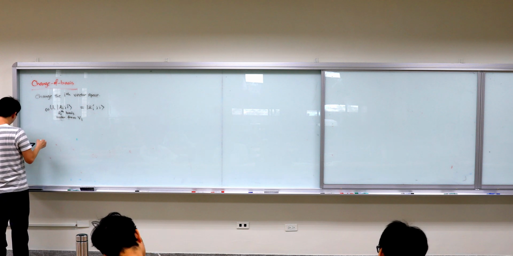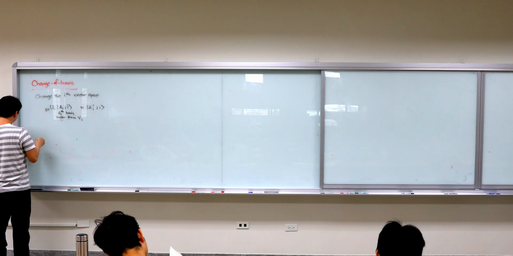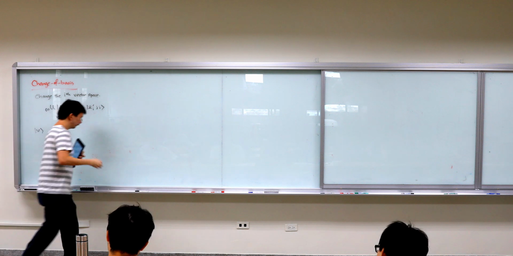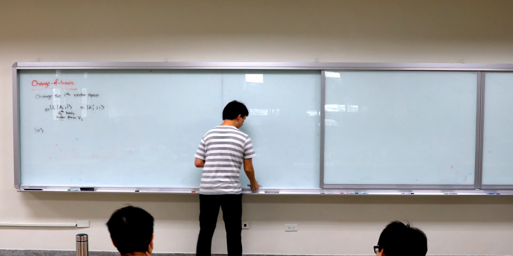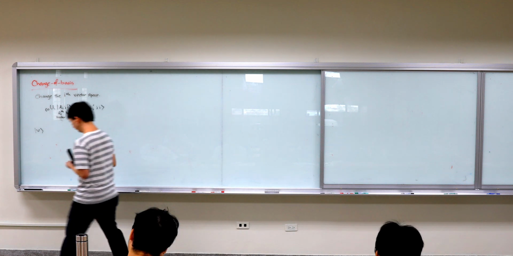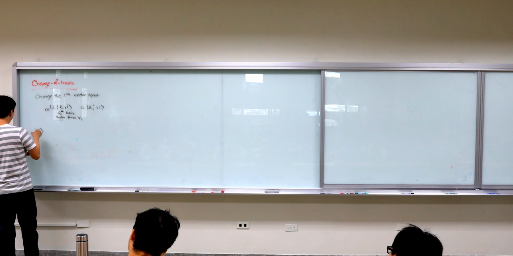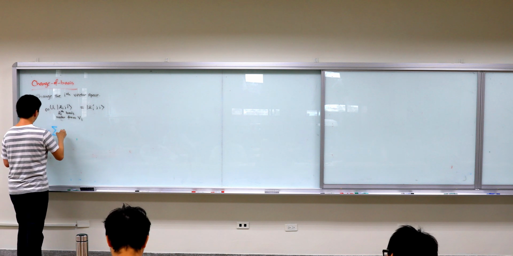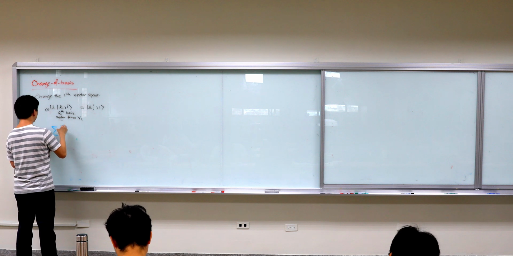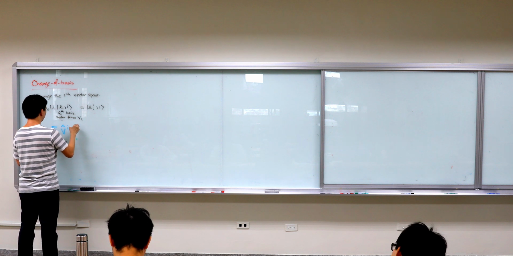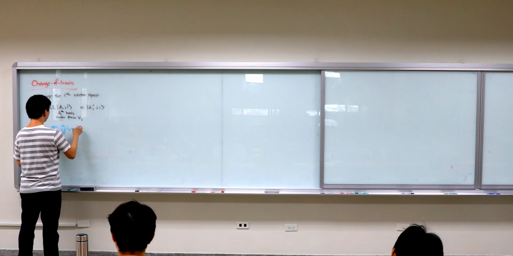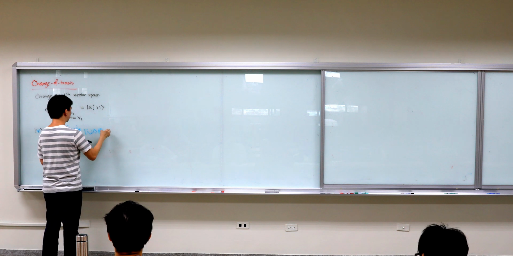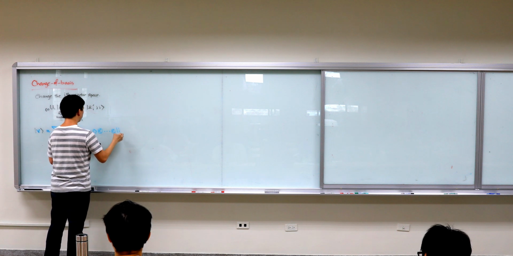Suppose I have a vector which I'm going to call V. This is going to be V hat with indices i1 all the way to iN, and then the kets i1 all the way to iN.